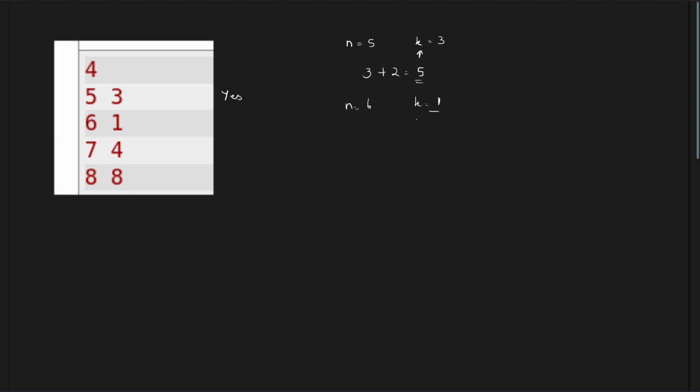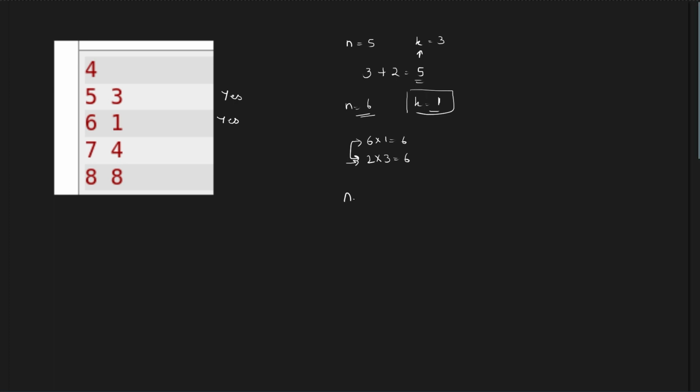I can form the total amount of 6 in two ways: I can take the burle of value 1 six times, so 6 into 1 equals 6, or I can take the burle of value 2 three times, which is 6, or I can use a combination of these two. So for this also the answer will be yes.